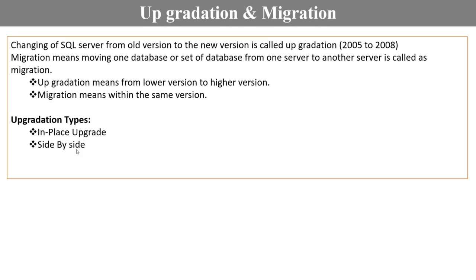For a simple example, take your mobile. Currently we are using Android 11. If Android releases Android 12 or iOS releases iOS 13, and your mobile is compatible with it, what will you perform?